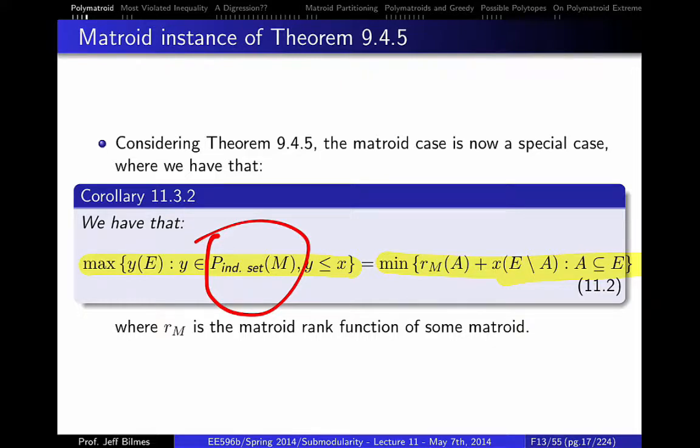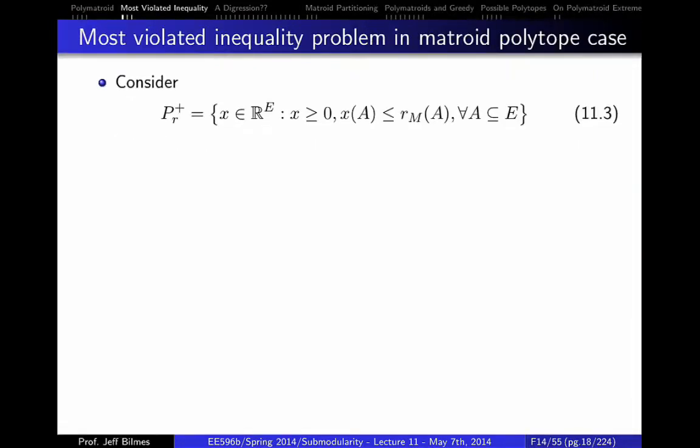So remember, the independent set polytope was the convex hull of the characteristic vectors of the independent elements of the matroid. So that is the special case in the matroid case. Okay, so those are just things I wanted to point out.